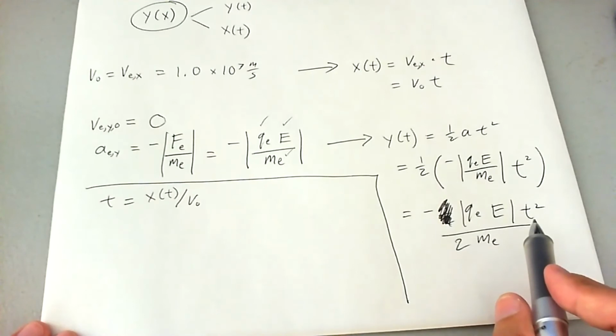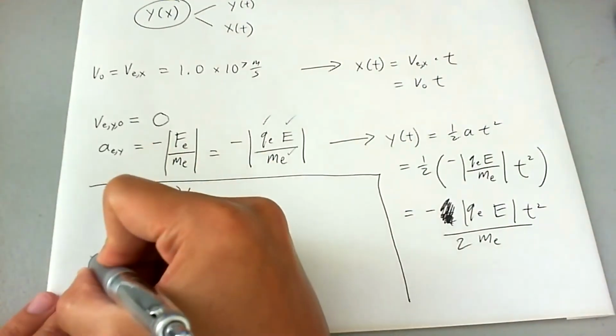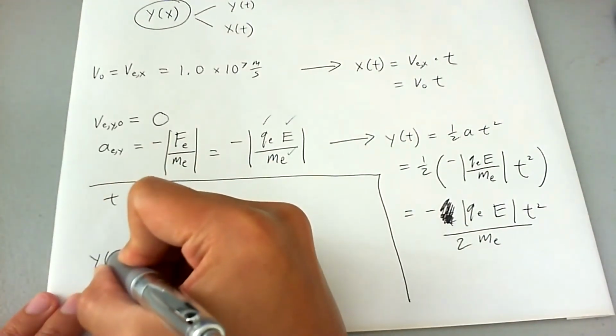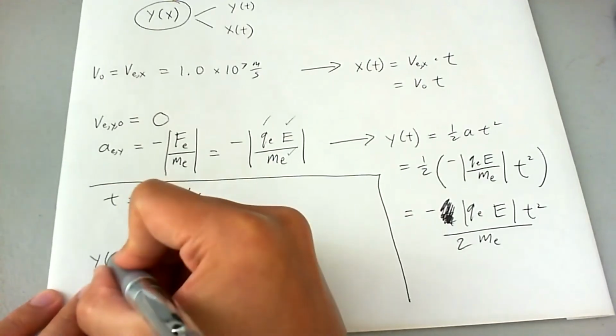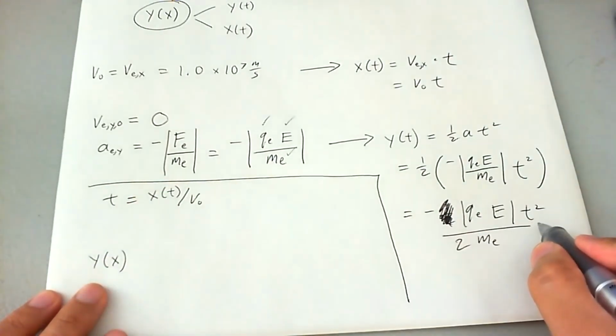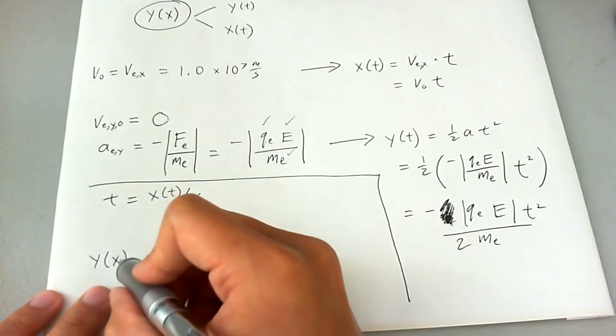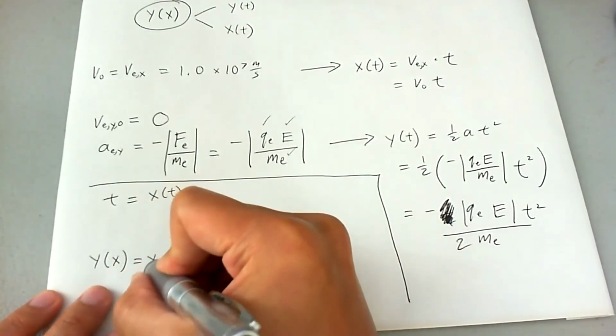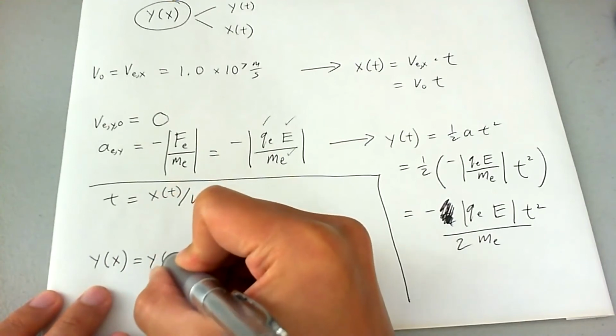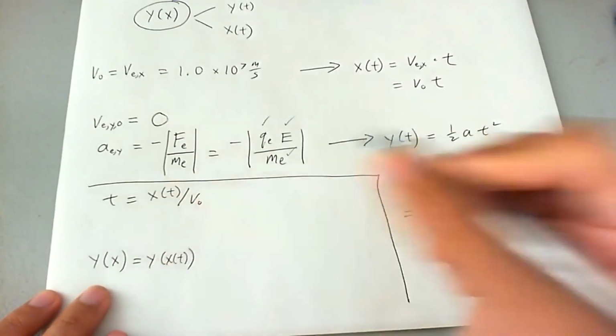So now if we plug it into here, we're going to get y. Now it's going to be of x because we have replaced t with a function of x. So it would be y of x. And if you want to be specific, it could be y of x of t.